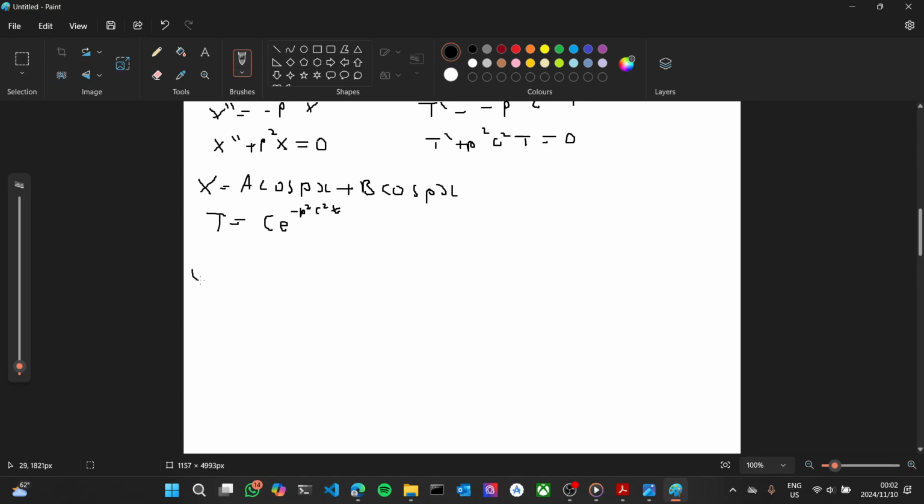Alright, which then means we've got a general solution that looks like this for our heat equation.